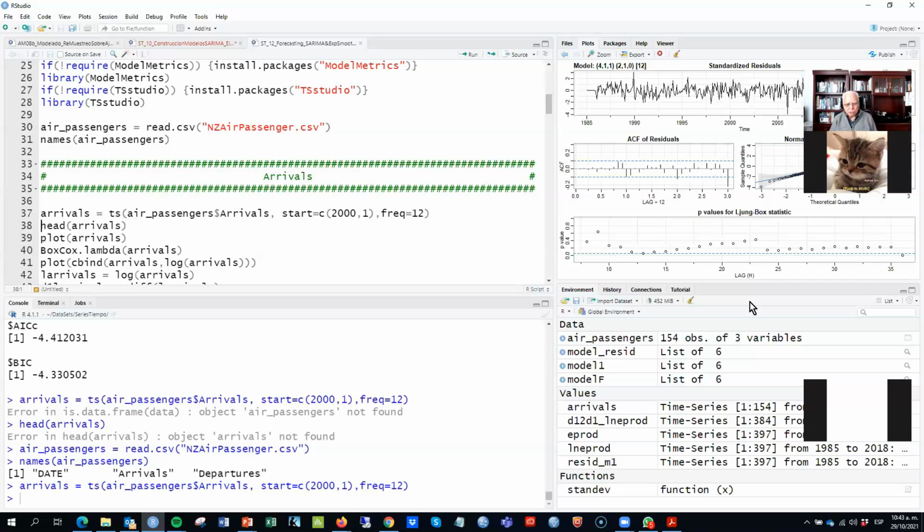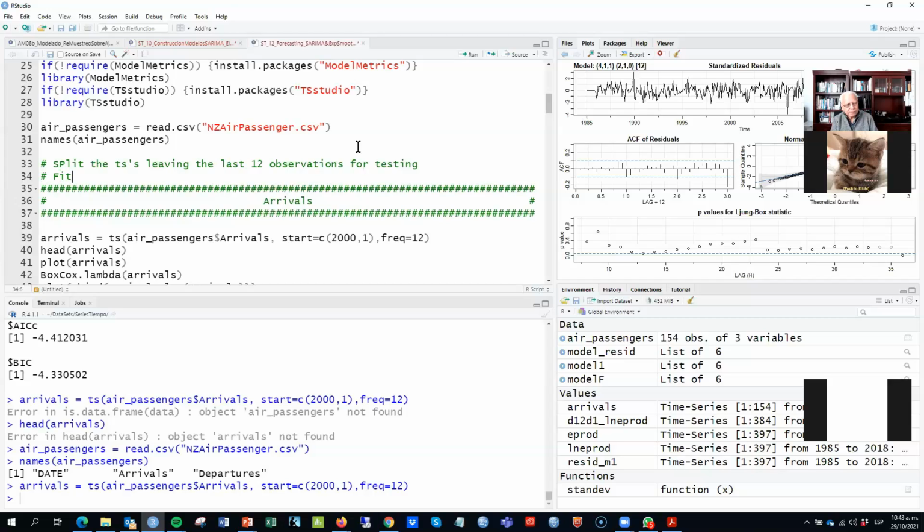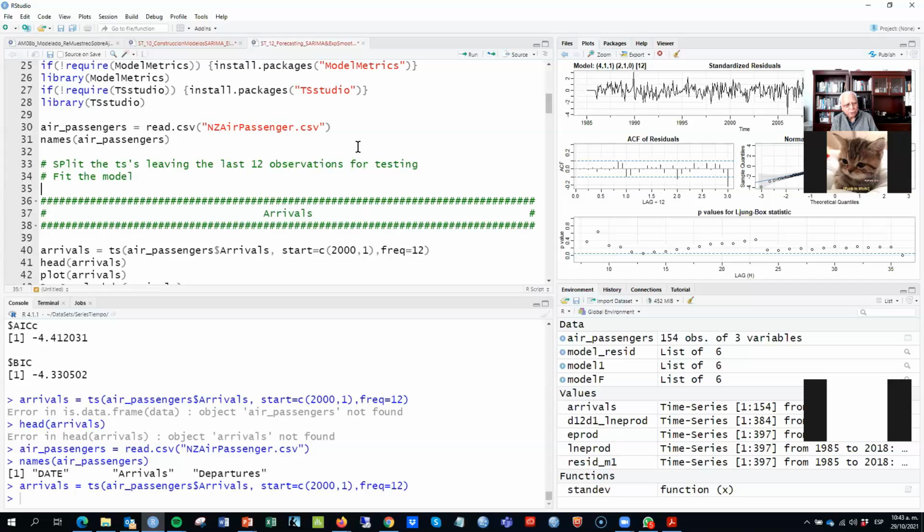So what I would want you to do is split the time series, both time series, leaving the last 12 observations for testing, feed the model, and forecast 12 observations in the future.